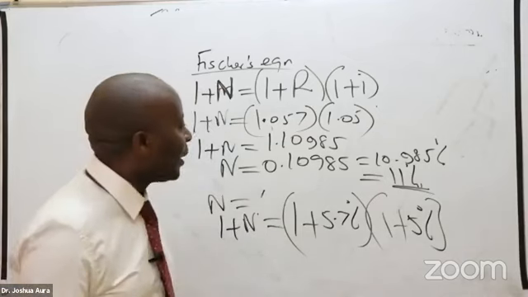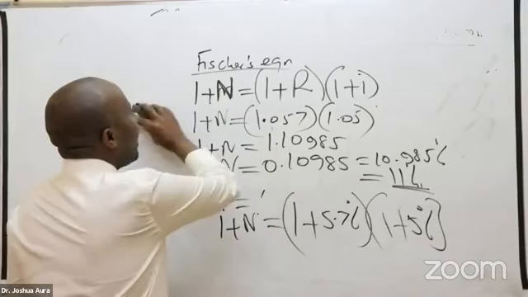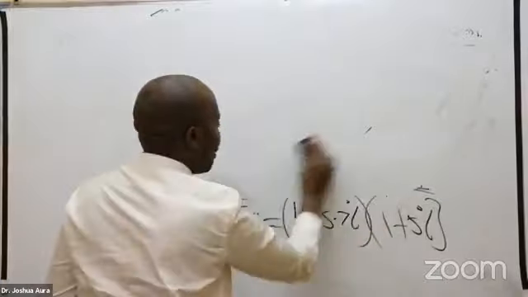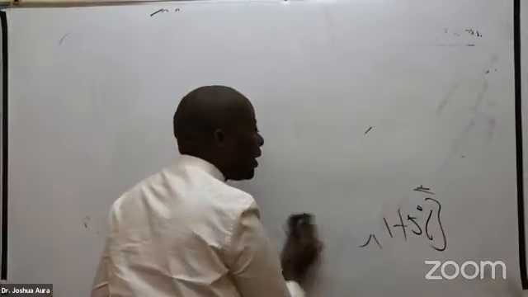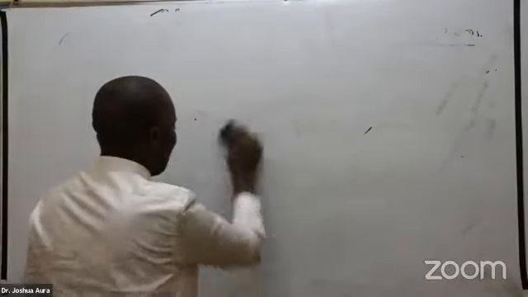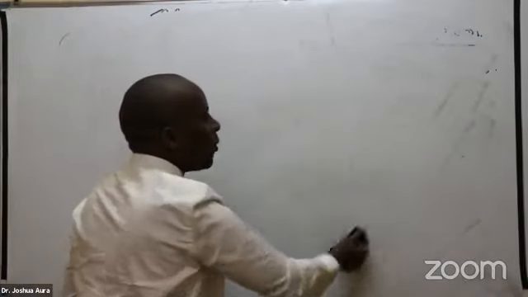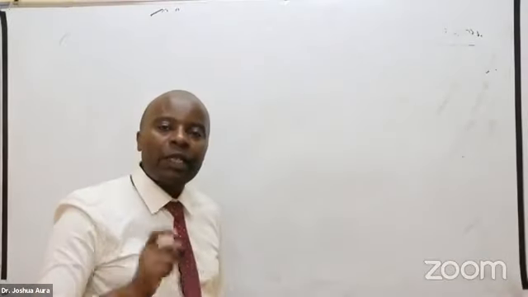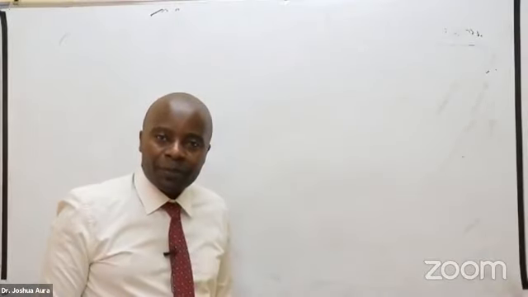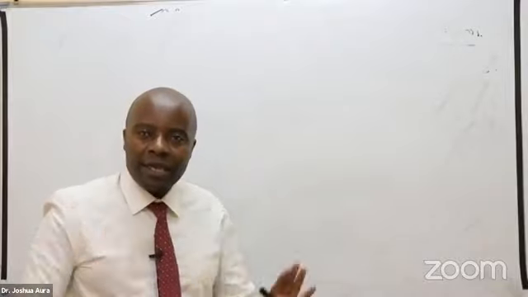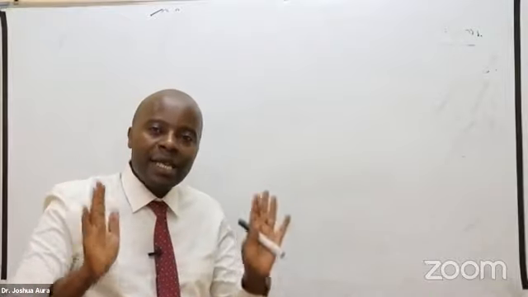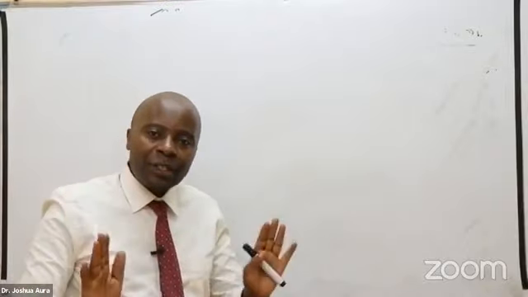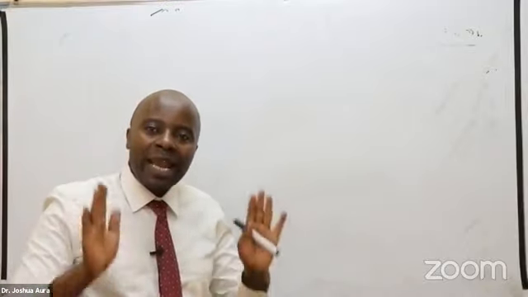Now, ladies and gentlemen, having gotten this, the next thing that I will do is to compute my depreciation. Why am I computing depreciation? Remember, in finance, for purposes of discounting, you can only compute depreciation or capital allowance when the rate of taxation has been given. If tax rate has been given, then depreciation becomes relevant.